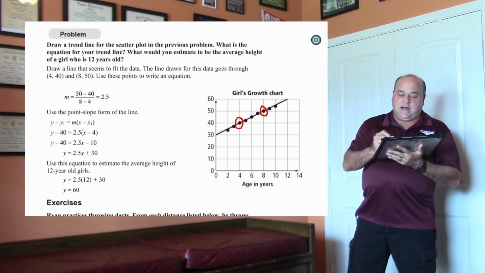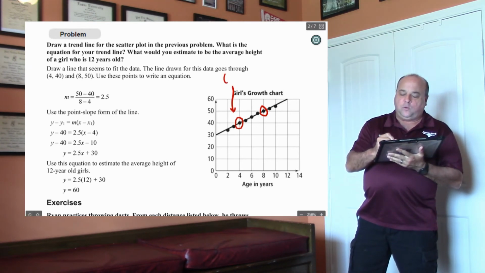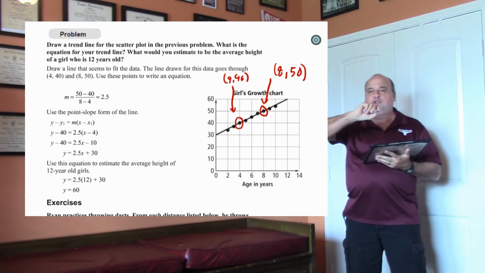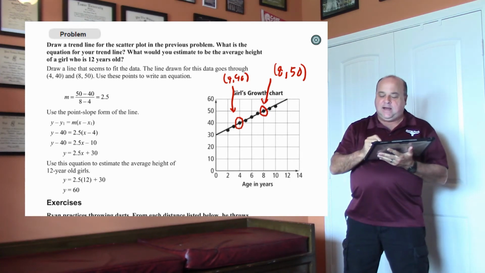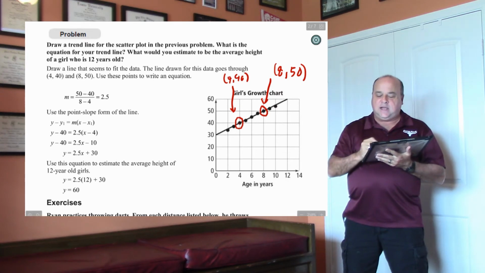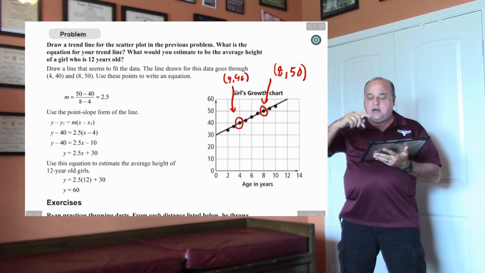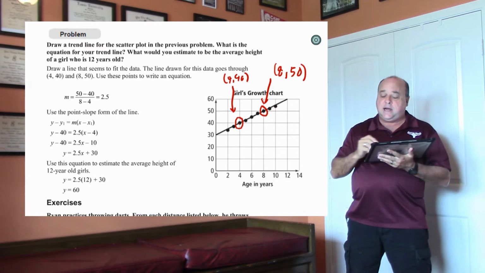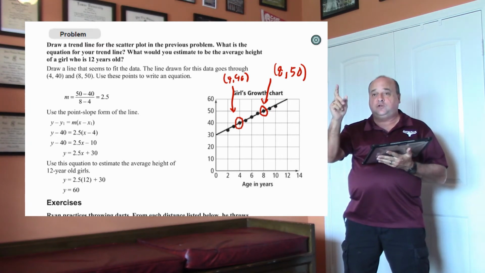So this dot right here would be the (4, 40). And this dot would be the (8, 50). Okay, so what they did is they drew a line of best fit and they made it to where it went through 2 of the dots. So basically they connected this dot to this dot, and notice some of the dots are above and some are below. They're not all exactly on the line, but it goes through exactly those 2 points.